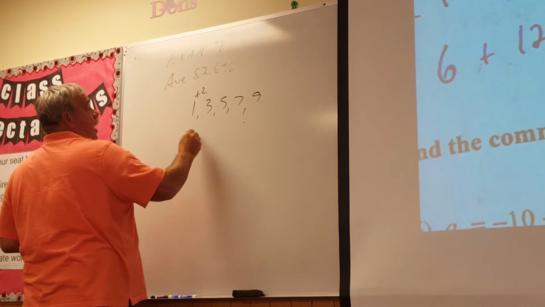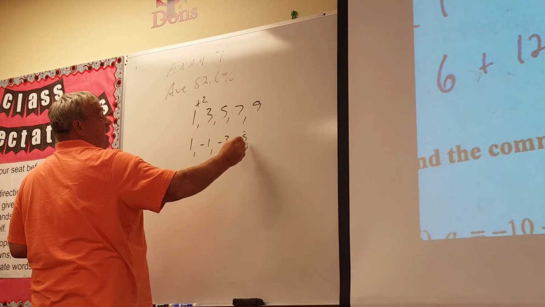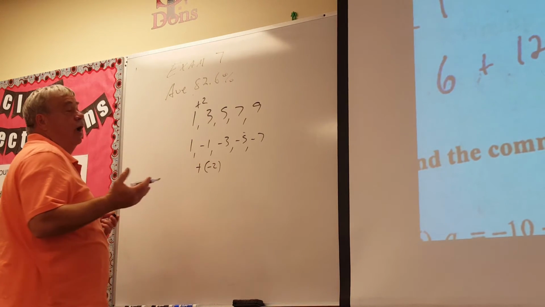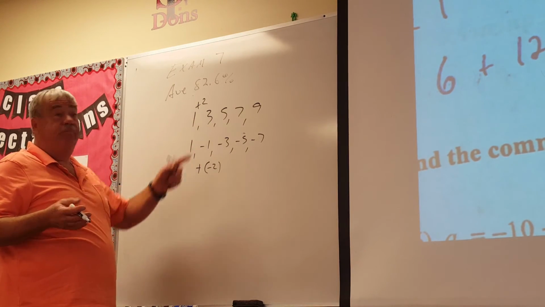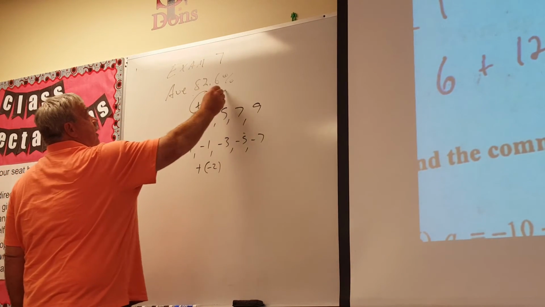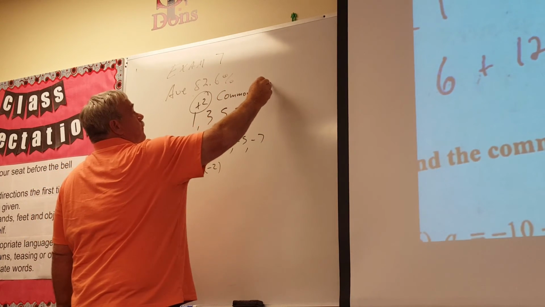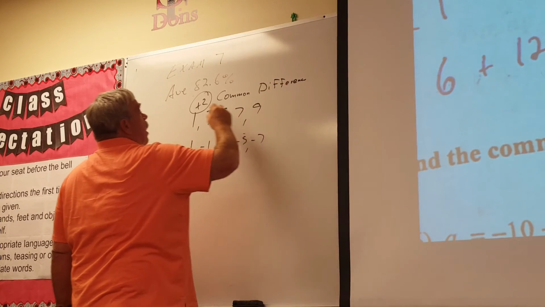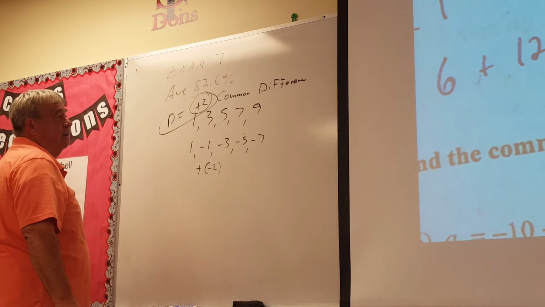Now, it might be 1 and -1 and -3 and -5 and -7. We're adding -2. So you can also add a negative number. But you're going to be adding something, and this is called the common difference. So we call that D. The common difference is 2, okay?